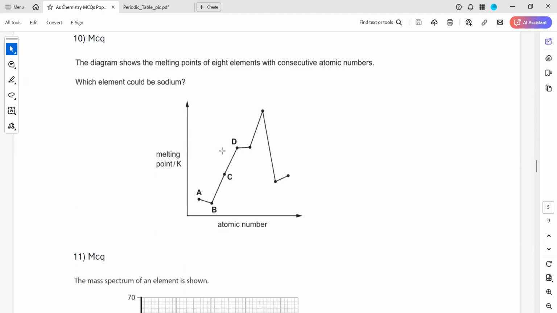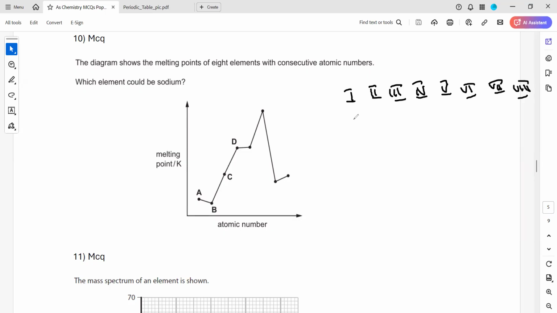Question 10, any doubt? In question 10, the diagram shows a melting temperature. Remember the order of the melting temperature. When we have group 1, 2, 3, then we have group 4, then group 5, 6, 7, and 8. So what will happen?